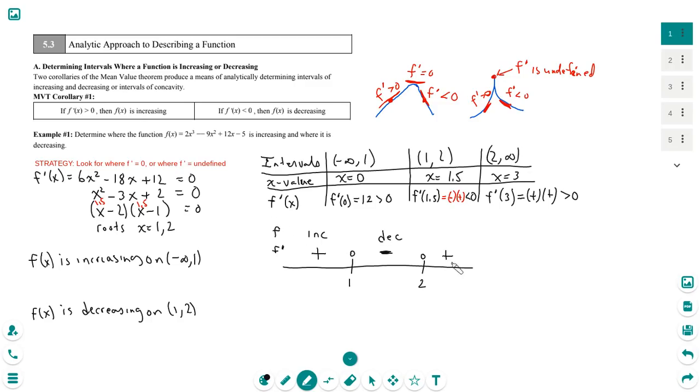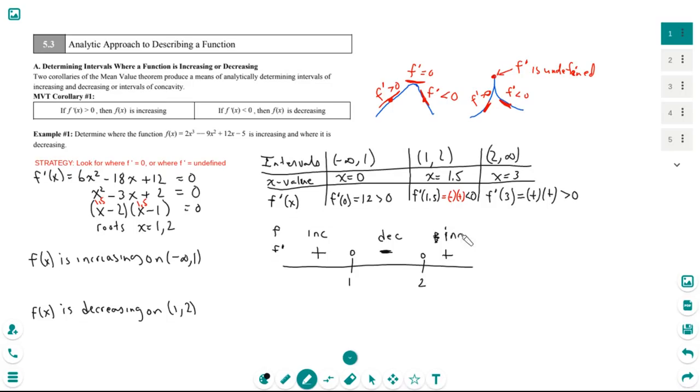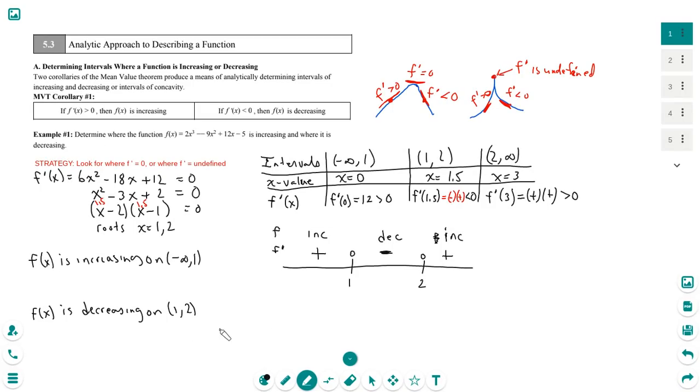Since the first derivative is positive, that means f is increasing. All right, positive first derivative, f is increasing. All right, so I can add that to my increasing sentence. So union, and that would be from 2 to infinity. Right, so this is essentially the answer.